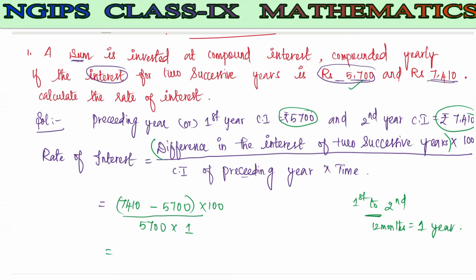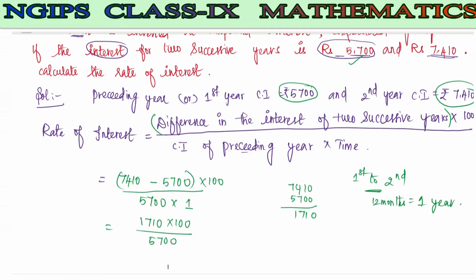Next you need to simplify this value. When you subtract 7,410 minus 5,700, you will get 1710, into 100, divided by 5,700.